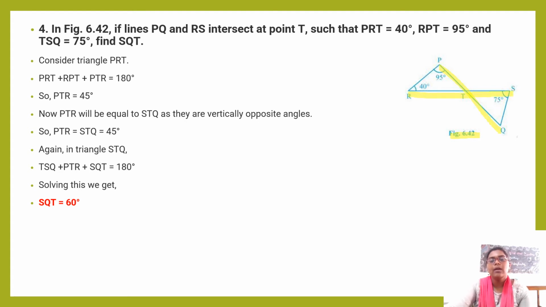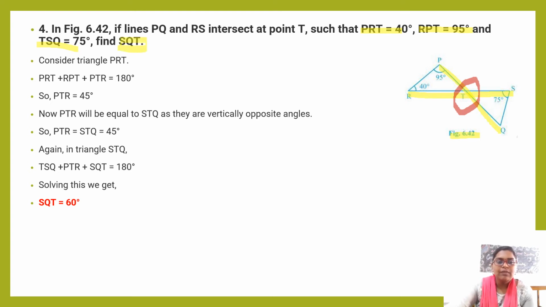Where are they intersecting? They are intersecting at point T, such that PRT is equal to 40 degrees, they have given, right? And RPT is equal to 95 degrees. PSQ is equal to 75 degrees. We have to find this SQT.